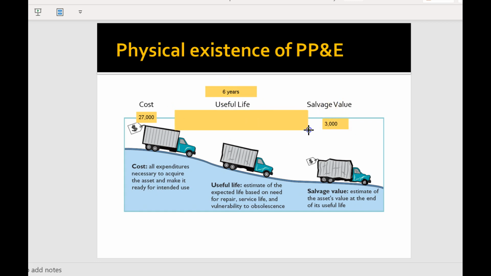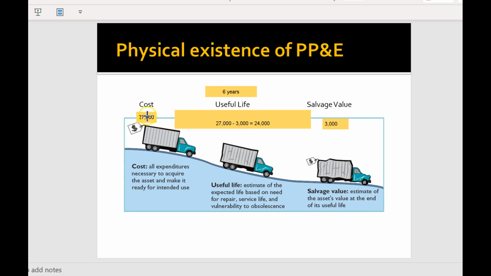Now we have, in between the purchase and the disposal, 6 years. How much in dollar amount of the truck is the firm going to use during the 6 years? How much is the firm possibly using? That would be 27,000 minus 3,000, right? Equals 24,000. Can you see this?